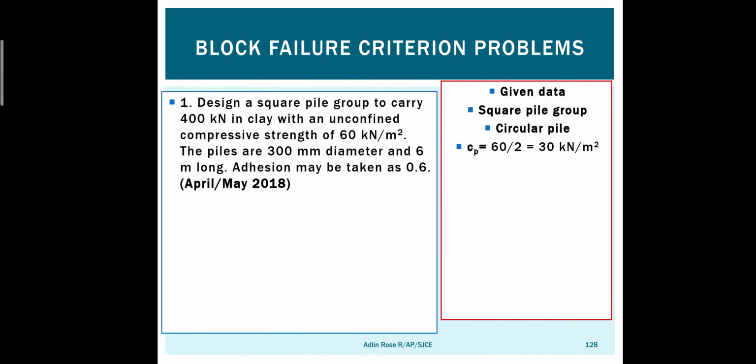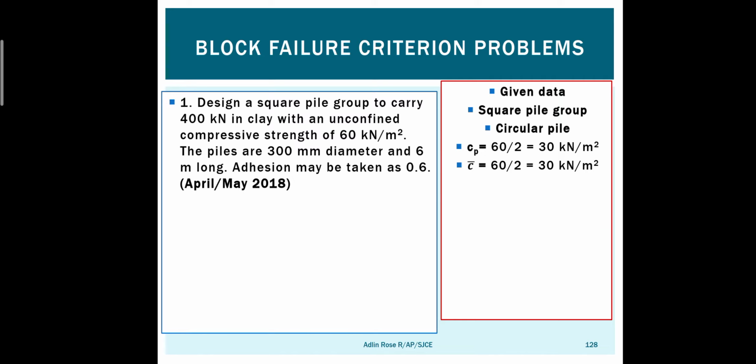Then we have the unconfined compressive strength of the soil as 60 kilonewton per meter square. So we have to find the cohesion, which is equal to unconfined compressive strength by 2. So 60 divided by 2 is 30 kilonewton per meter square. C bar is also the same because no two values are given.